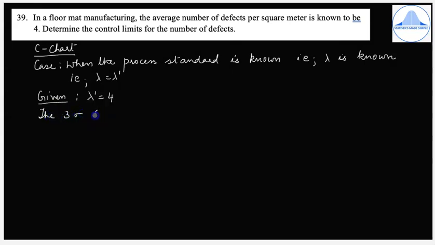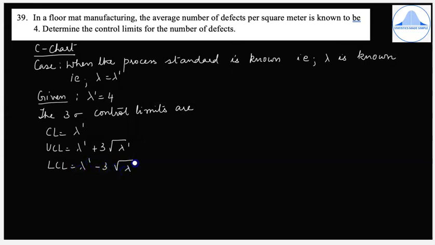Then we write the 3 sigma control limits: CL is equal to lambda dash, UCL is equal to lambda dash plus 3 times root lambda dash, and LCL is equal to lambda dash minus 3 times root lambda dash. Substituting, we get CL is equal to 4, UCL is equal to 4 plus 3 times root of 4, which is 4 plus 3 into 2, which is equal to 10.